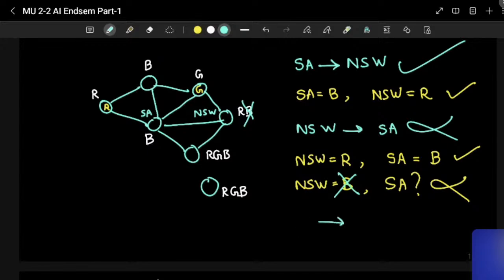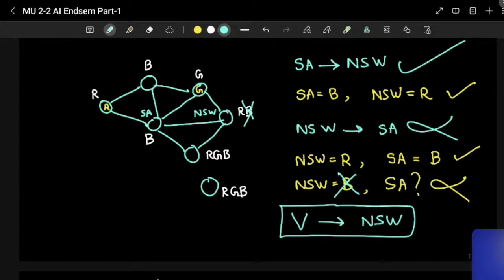Since NSW lost a value from its domain, you have to check the consistency of all the arcs that look like this: variable, arc, NSW.